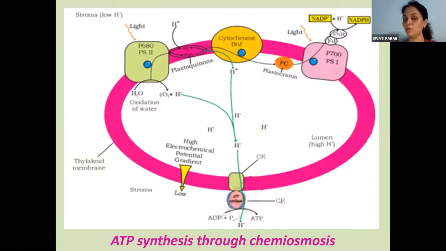So where there will be more, in lumen or in stroma? इतना हिंट देने के बाद भी you are still thinking about it? I said the reduction reaction occurs in stroma where there is requirement of hydrogen, protons, that is correct.